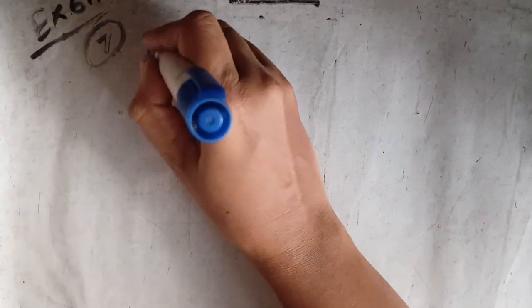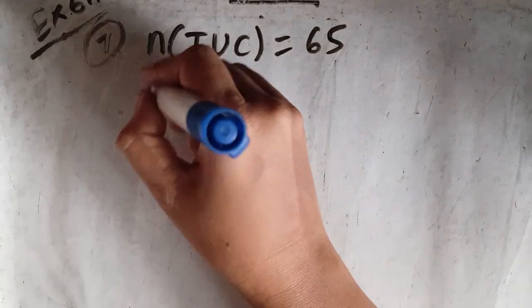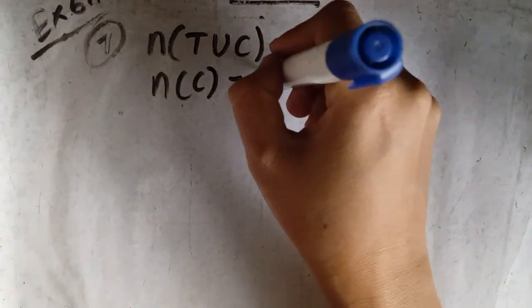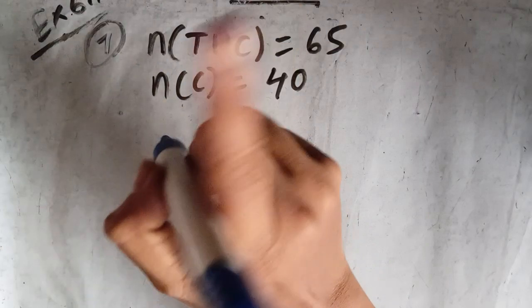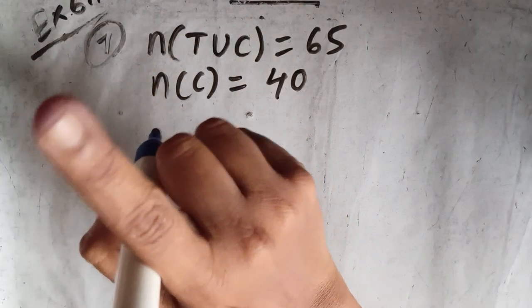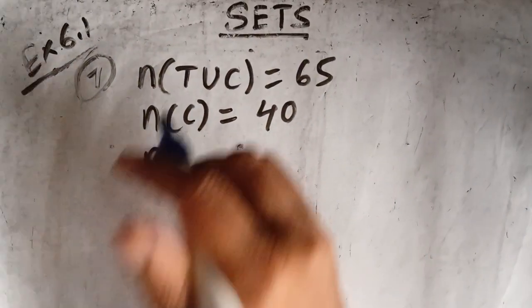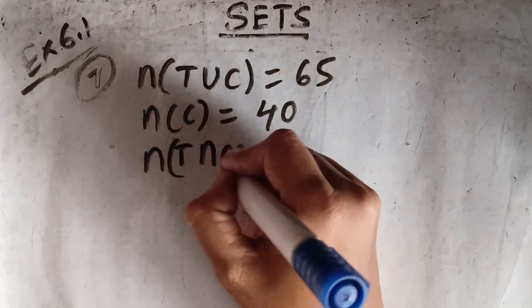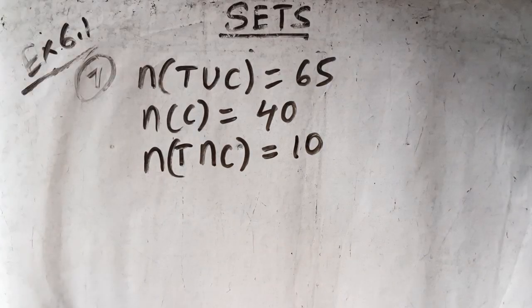So the union of tennis and cricket is 65. 40 like cricket, 10 like both cricket and tennis, and this is the intersection. How many like tennis only and not cricket?